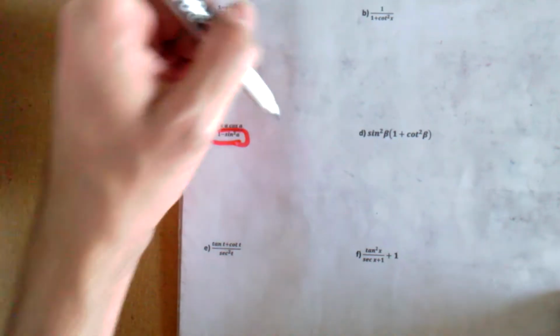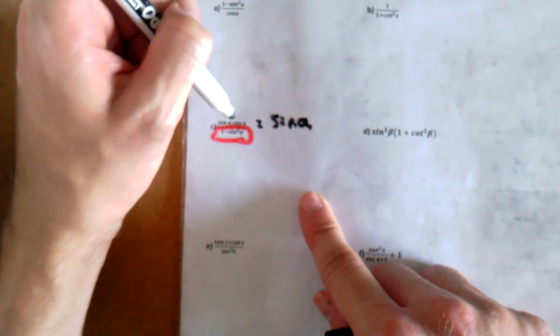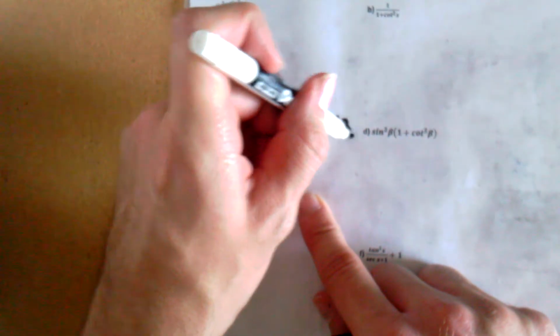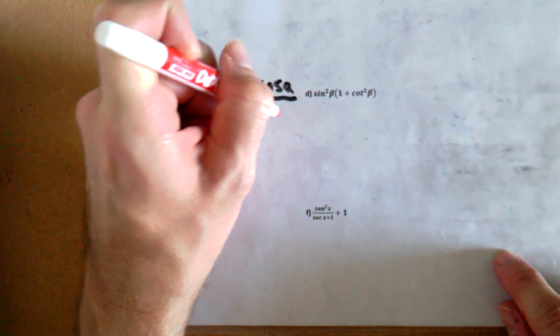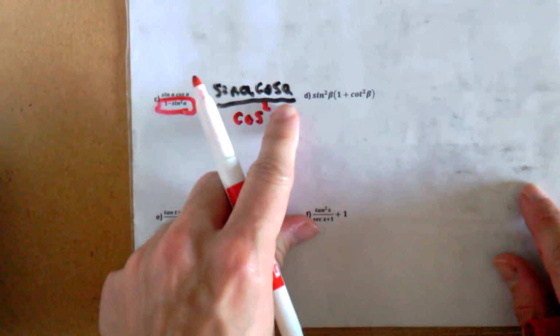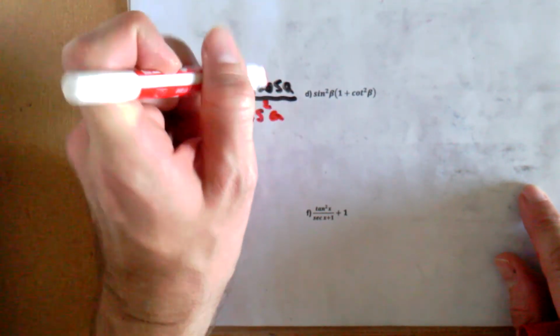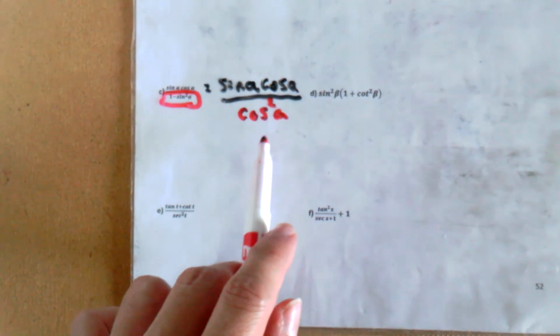What we actually have then is sine times cosine on the top, or the numerator of our fraction, divided by 1 minus sine squared, which is the same thing as cosine squared. Oops, I just realized the variable's an a. Just an angle, so it's the same thing. Okay, so now we have sine times cosine divided by cosine squared.